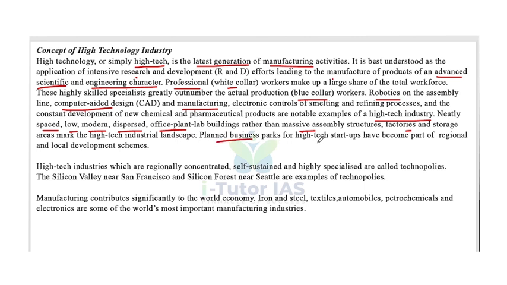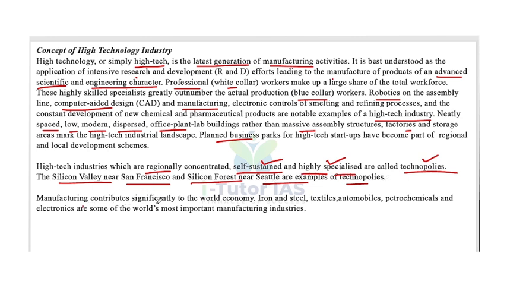Planned business parks for high-tech startups have become part of the regional and local development schemes. High-tech industries which are regionally concentrated, self-sustained and highly specialized are called technopolis. The Silicon Valley near San Francisco and the Silicon Forest near Seattle are examples of technopolis.